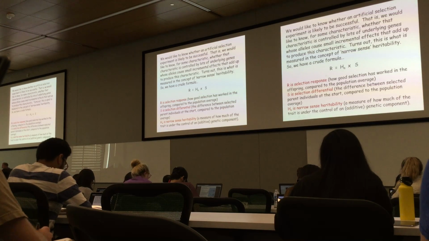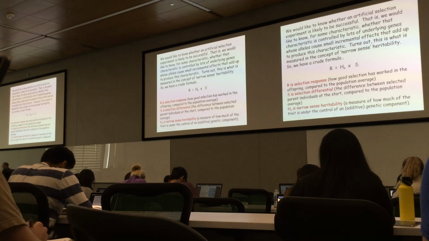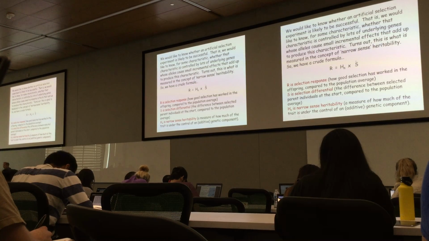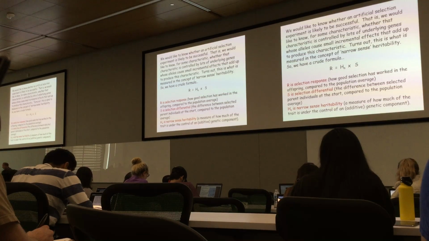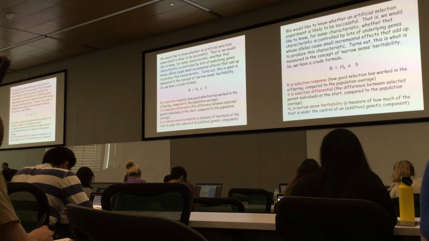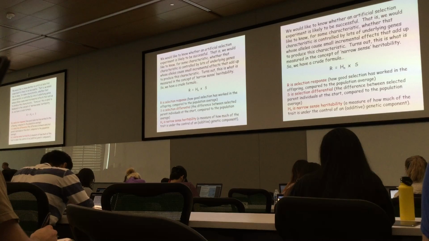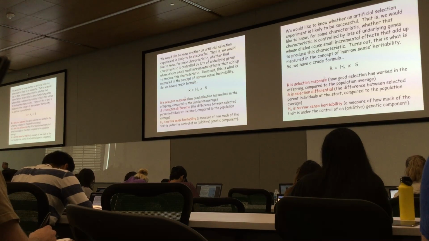And S is the selection differential. This is where the parents, the selected organisms, were on that phenotypic curve compared to the original average. Okay, so I know it's a bunch of words. We'll see some pictures that I think will make this more clear, hopefully. So here's the equation. It's not that hard.